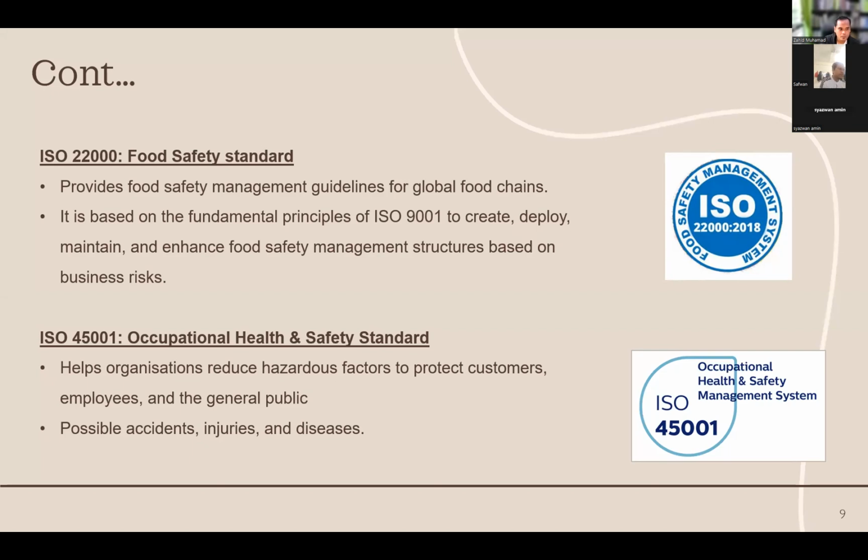And last, we have ISO 45001 for the occupational health and safety standard, which helps the organization reduce hazardous factors to protect the customer, employee, and the general public, for example from possible incidents, injury, and disease.